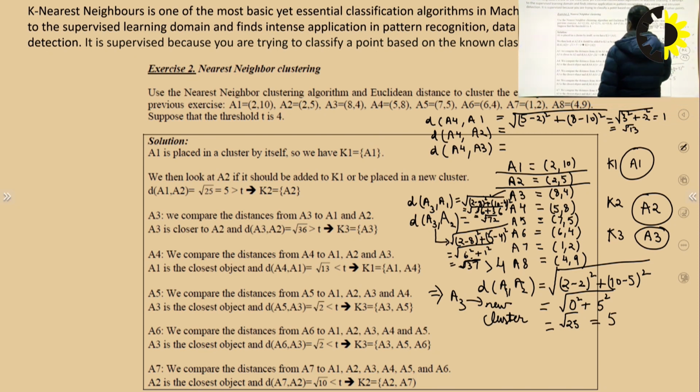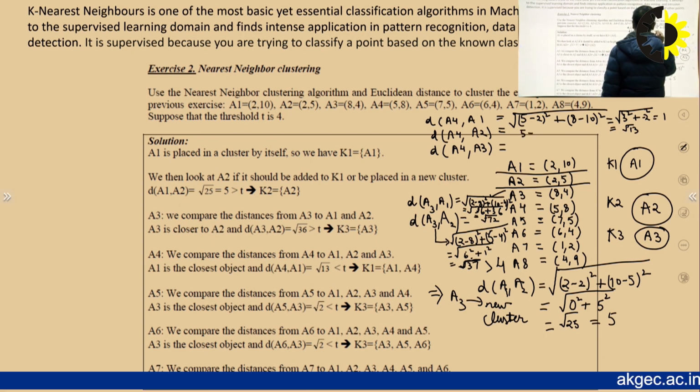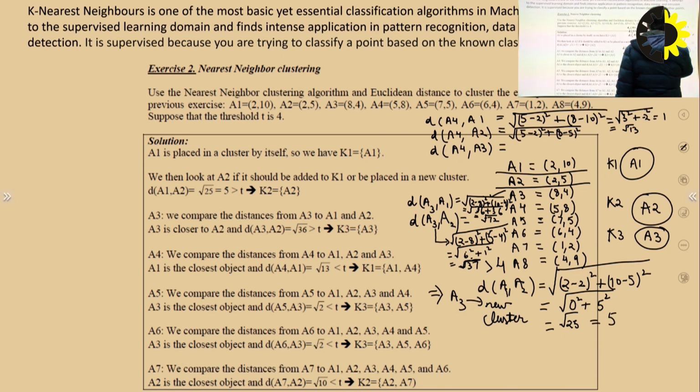Then we calculate the distance between A4 and A2. This comes out to be (5 minus 2) whole square plus (8 minus 5) whole square, so 3 square plus 3 square, 9 plus 9, under root of 18.